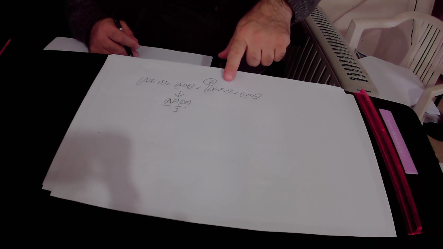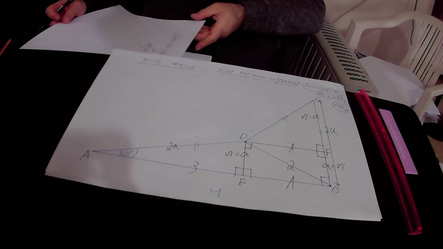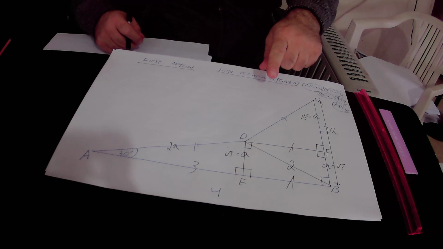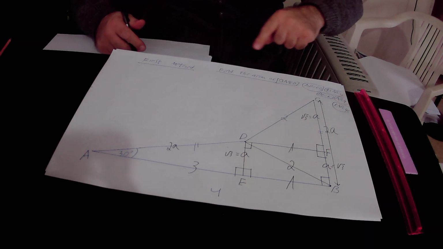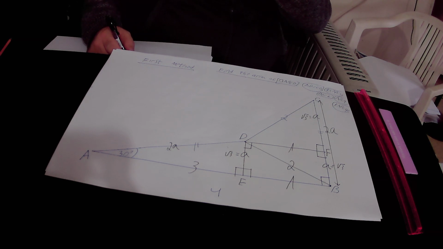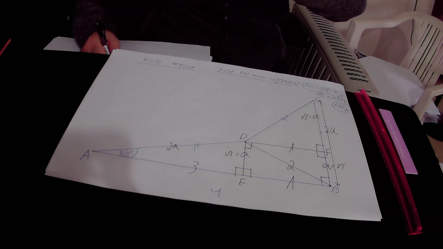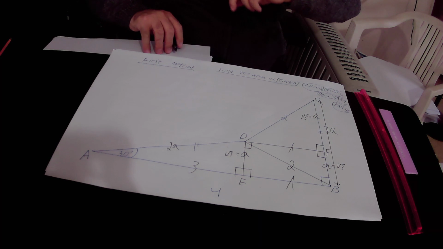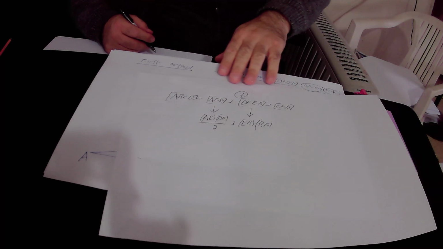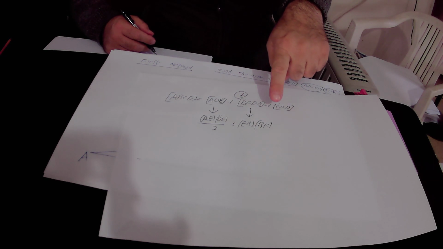The area of quadrilateral DFEB will be equal to the width of the rectangle, that is actually EB, times the length of the rectangle, that is actually BF.